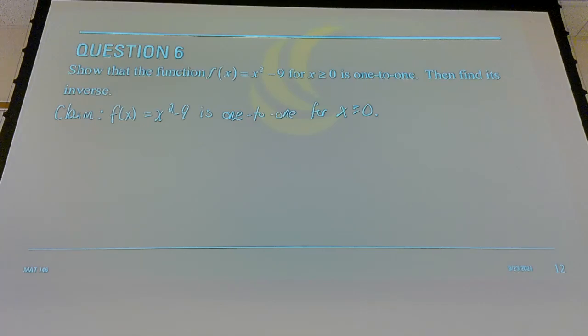What if I didn't have the x greater than or equal to 0 there? Would it be 1 to 1? And for the sake of argument for right now, let's say that bit isn't there. Which means I'm getting rid of that.